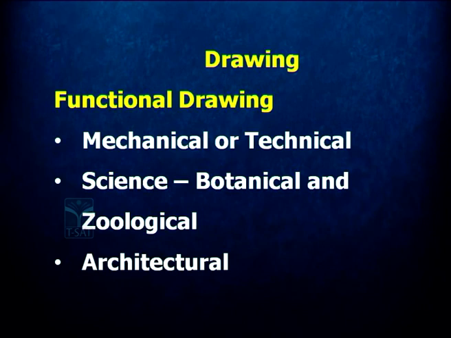What are the functional uses of drawing, right? One is mechanical or technical drawings, another is scientific, botanical drawings, drawings in botany textbooks or zoological drawings, right. So, drawings of science. Another is architectural drawings.